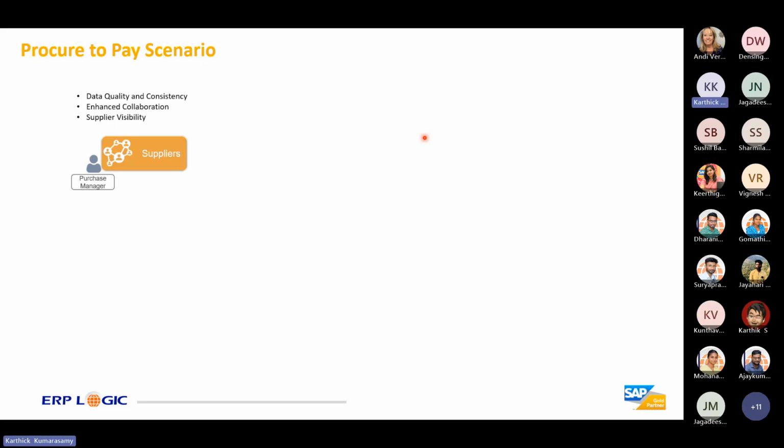Enhanced collaboration helps us to connect internal or external stakeholders such as suppliers, buyers, logistics providers, or even warehouse operators. This can help to communicate, coordinate, and streamline the business process, and we can build a strong relationship between the users, the end customers, or the buyers.